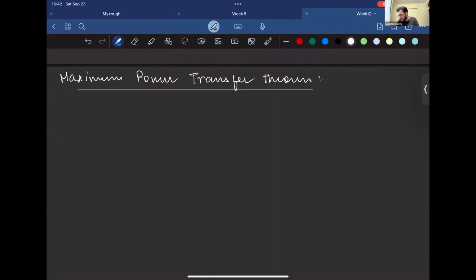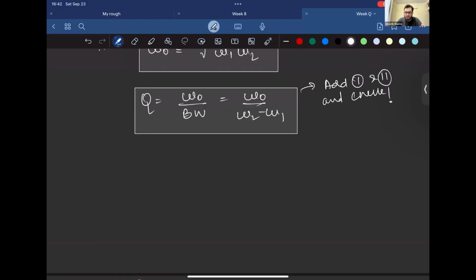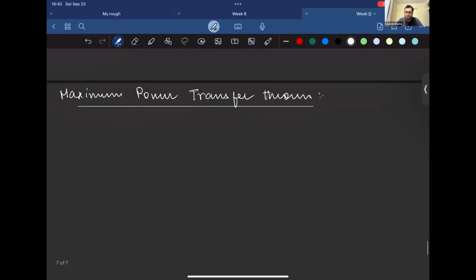For maximum power, we checked if there is a variable resistor, calculated power in relation to that resistor, and then differentiated with respect to that resistor only. We are going to do the same thing over here, but there will be two separate cases. One where there is just a variable resistor in series with a source impedance, and one more that could be a variable impedance, right?